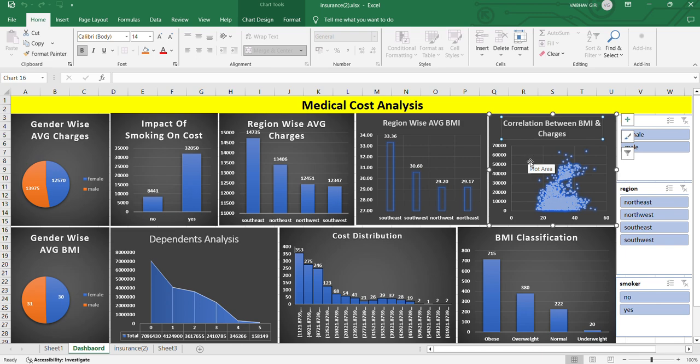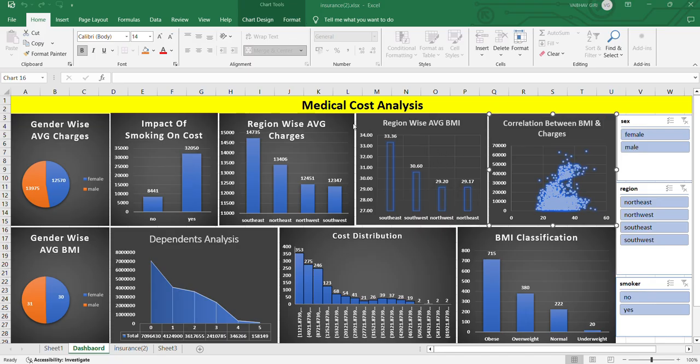This means BMI alone is not a strong predictor of medical expenses, as we have seen from this scatter plot. Even though the 20 to 40 BMI range has a greater cost, there is no such relation, meaning there are a lot of reasons other than BMI.